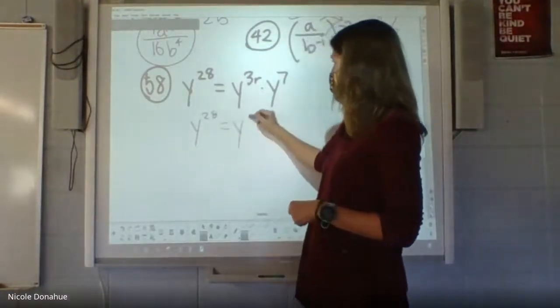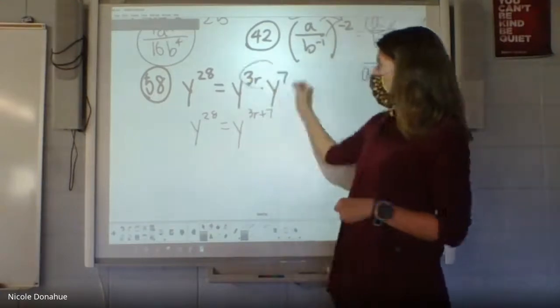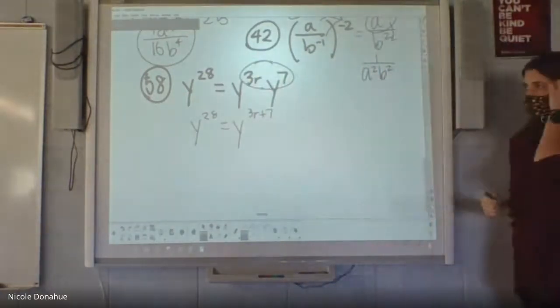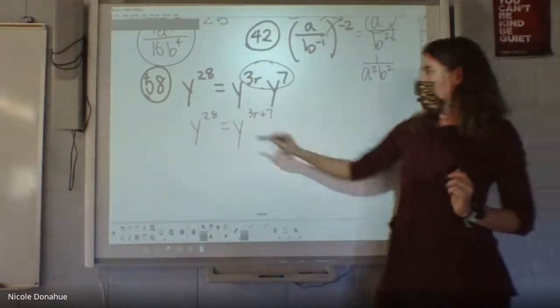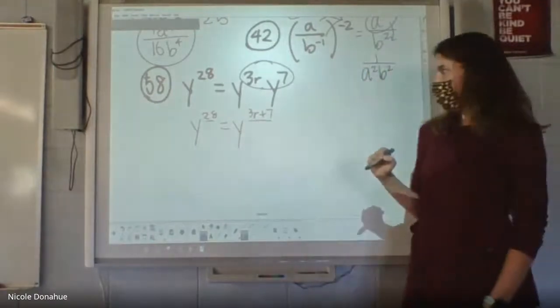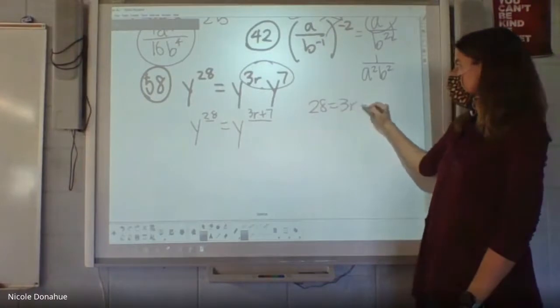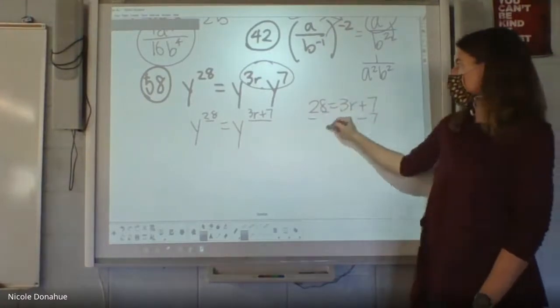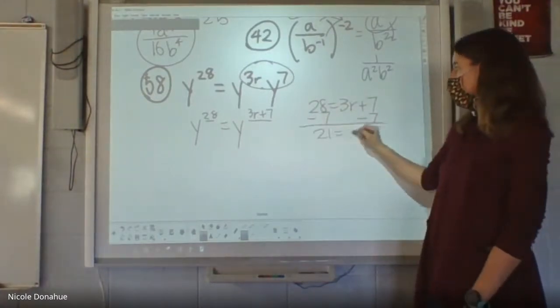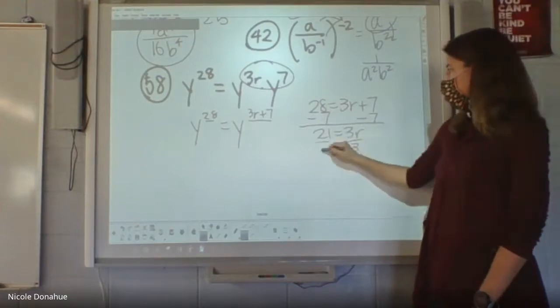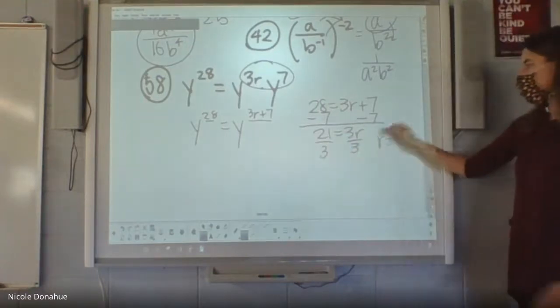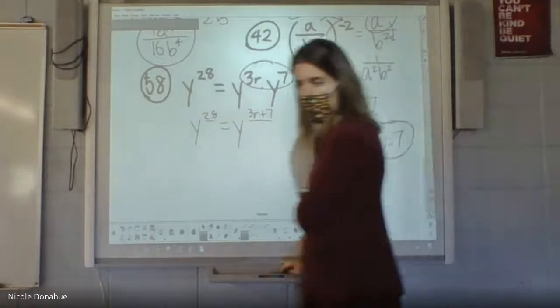This would be y to the 3r plus 7. Normally we just add the exponents. This has the same base. So we want to figure out, when does 28 equal 3r plus 7? So I move this 7 over, and then divide by 3. So r ends up being 7.